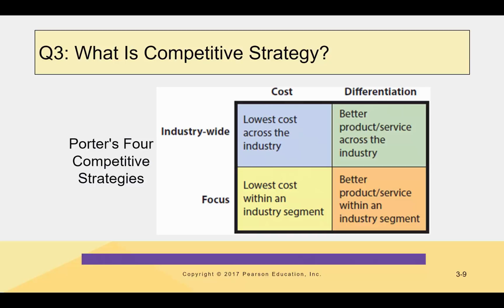Do you want a Honda automobile or do you want a Mercedes? Is one better than the other? It depends. If you ask a Honda owner, they will probably say no. If you ask a Mercedes owner, they will probably say yes. What you have to decide is, is there a difference enough?